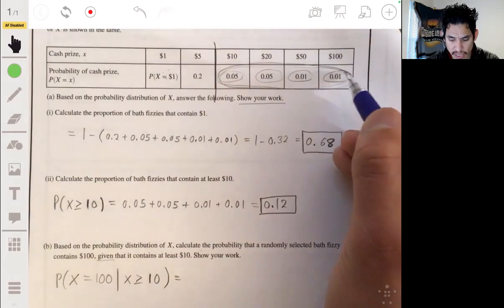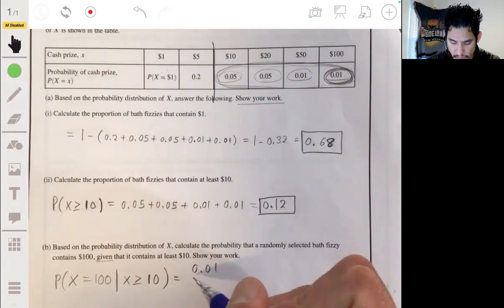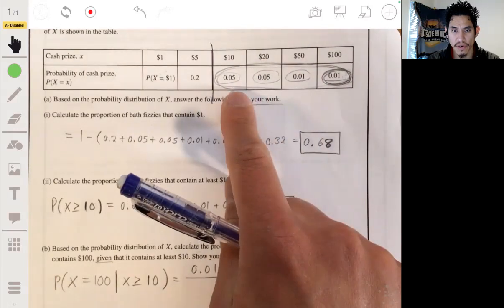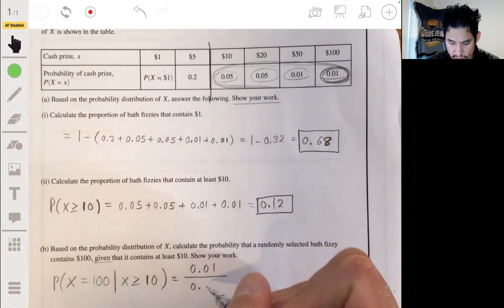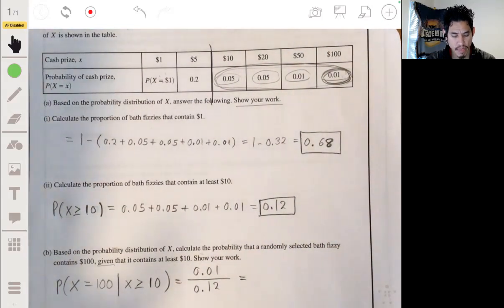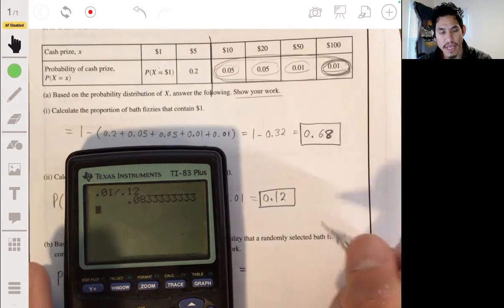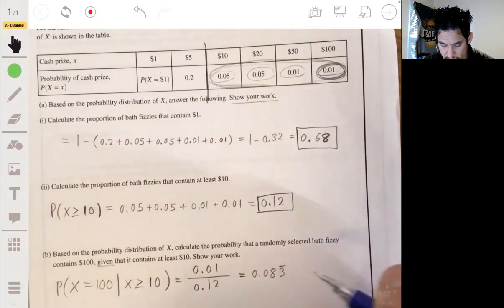So the probability of getting $100 is this value divided by the sum of these probabilities, 0.05 plus 0.05 plus 0.01 plus 0.01, which is 0.12. That is about 0.083 repeating, 8.3 repeating percent.